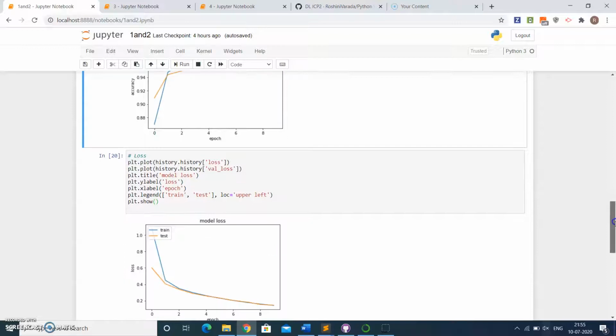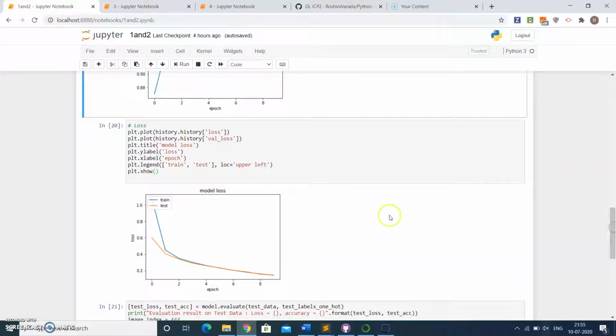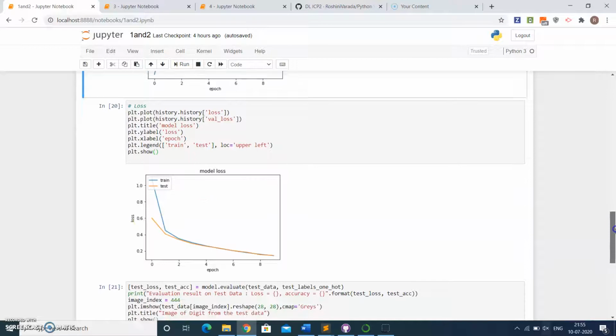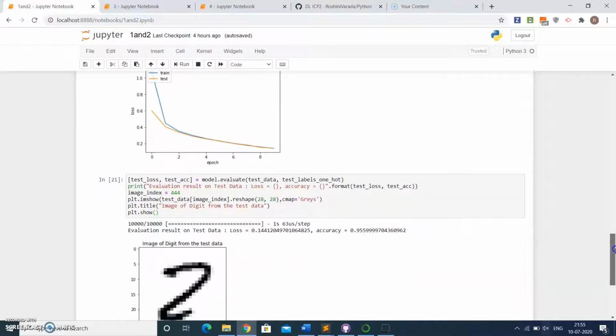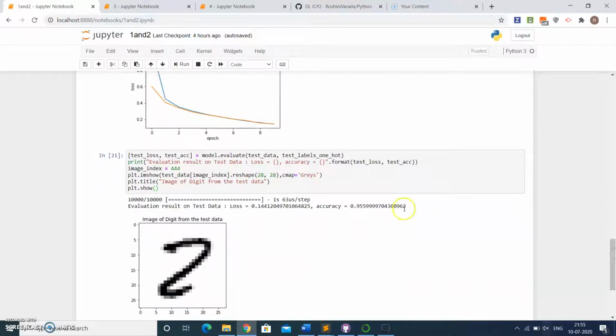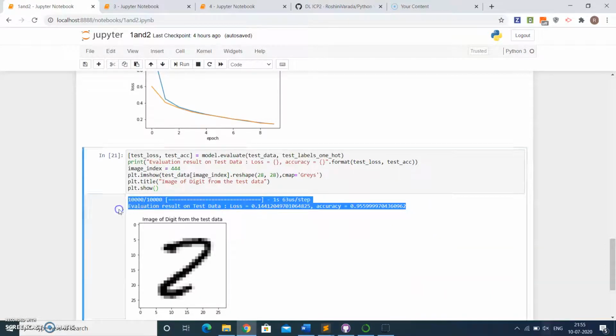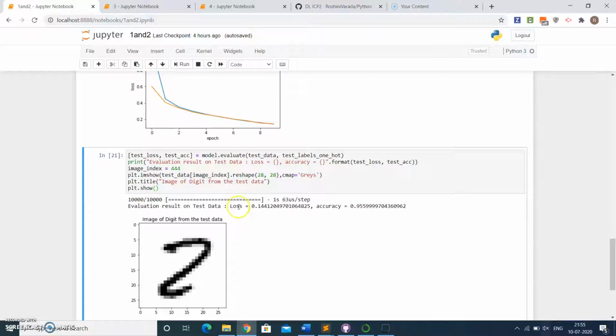And the same thing happens with the loss, where we are taking loss on the y-axis and epoch on the x-axis here, and the same is plotted for both the training data as well as the test data. And now we will be able to see the evaluation of the test data by calculating both the loss as well as the accuracy.